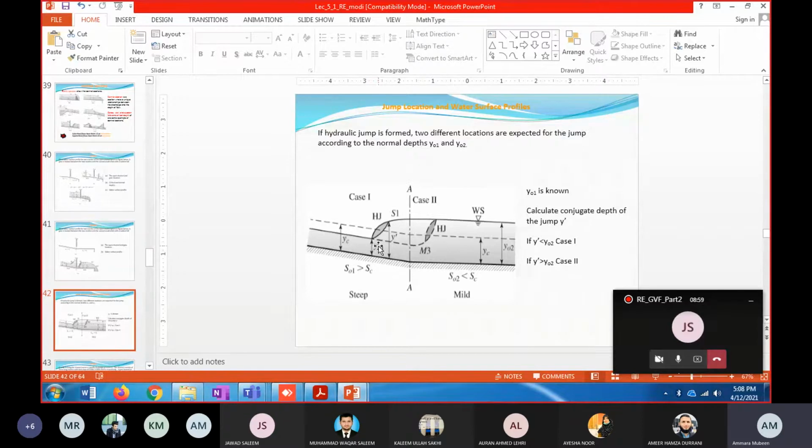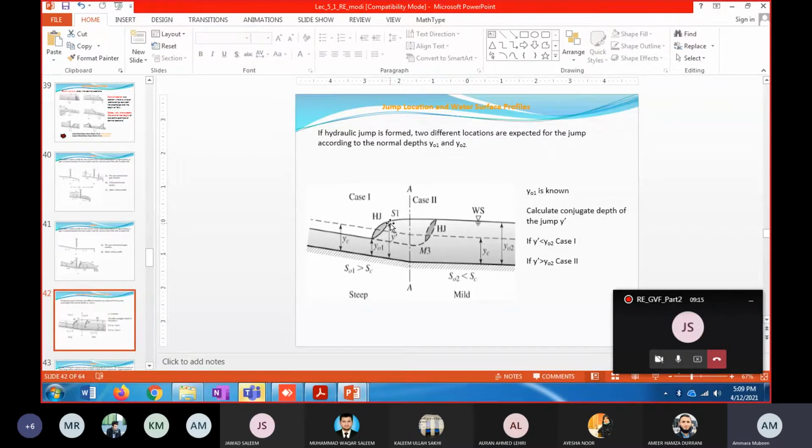So if we ask you to draw the water surface profile for this kind of scenario, and you have to make the hydraulic jump somewhere before the control section or after the control section, then you can just show that there can be two possibilities, as you don't have the magnitudes of y dash, the normal depth and the conjugate depth.